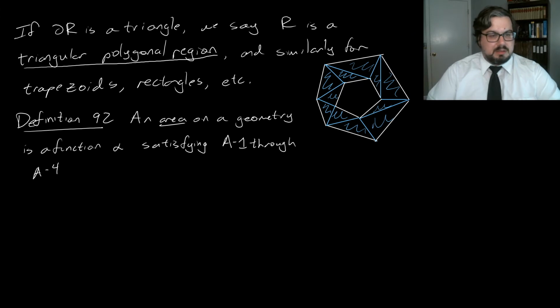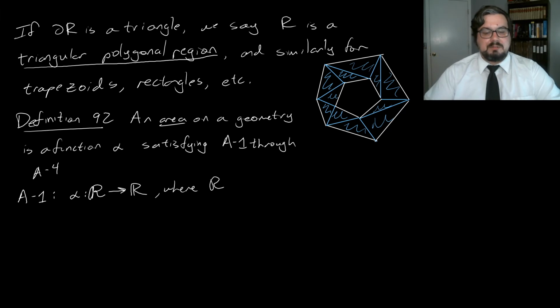First, condition A1 is that alpha is a function from curly R to the real numbers, where curly R is the set of polygonal regions in our geometry G.